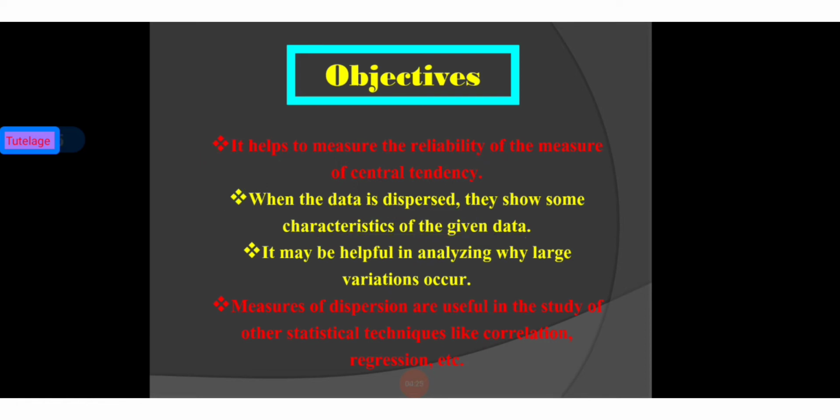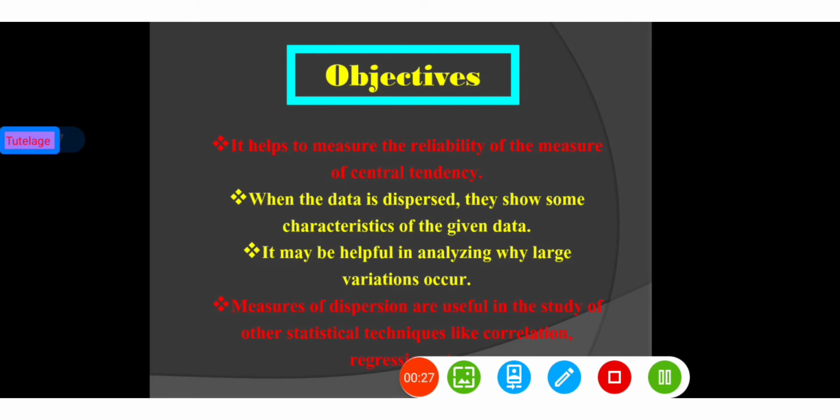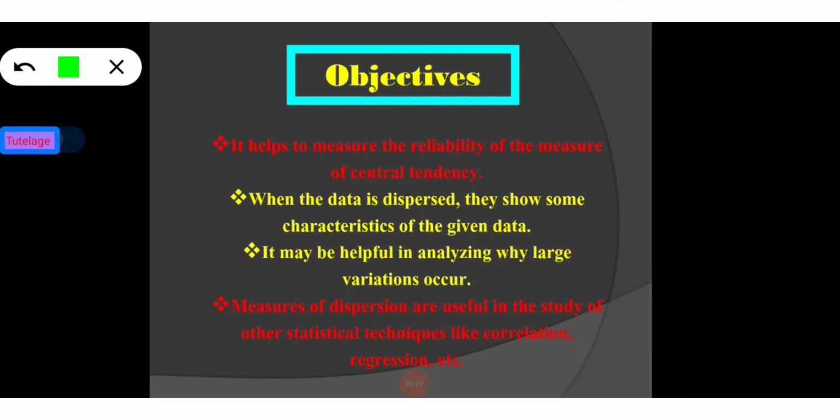Now move on to the third one. Measures of dispersion may be helpful in analyzing why large variations occur. These may be helpful in controlling the variation or the spread of the data itself.